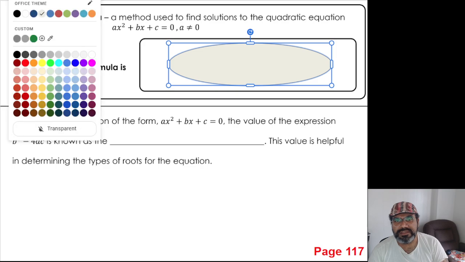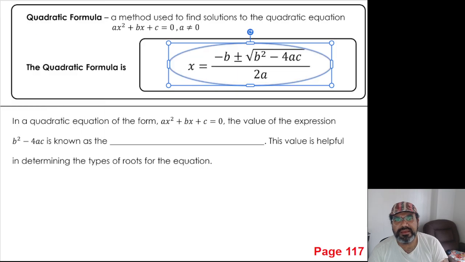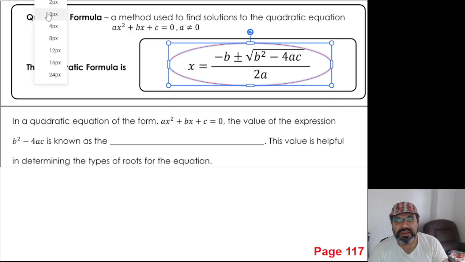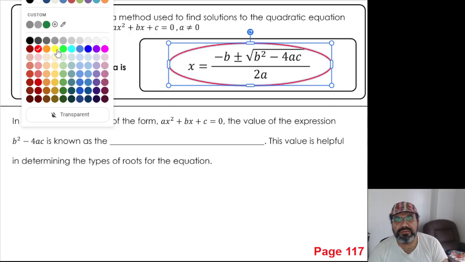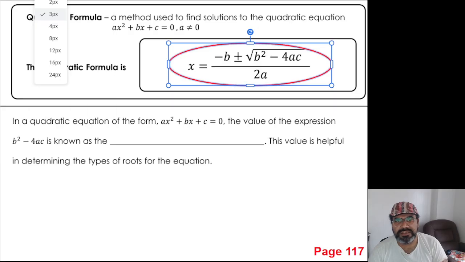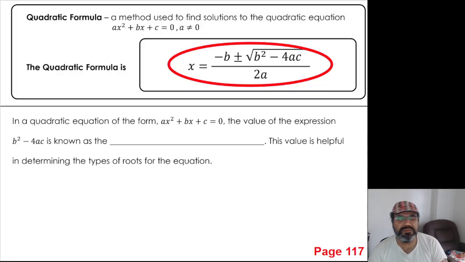This formula is one of the most used in mathematics. You're going to see this so many times. I just want to be sure you understand this formula is one of the most important you're going to see in mathematics.